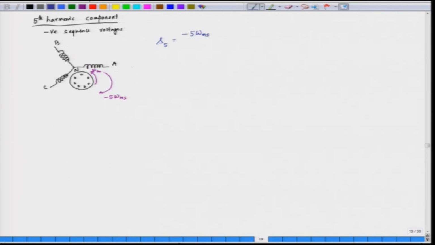It is a negative sequence component, so the rotation is in the negative direction, minus omega m. By definition, this is our synchronous speed minus the rotor speed, divided by the synchronous speed, and we have this negative here. That is equal to (5 omega ms plus omega m) divided by 5 omega ms. So, this is the slip of the fifth harmonic component.